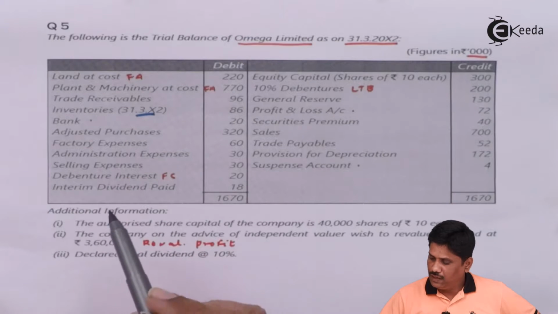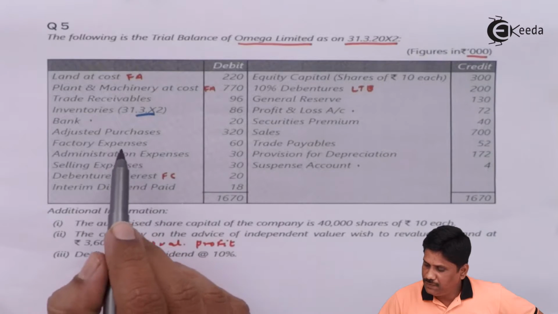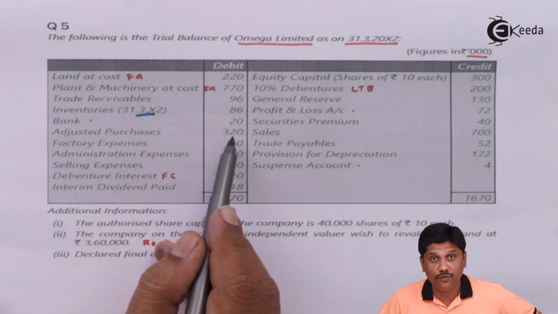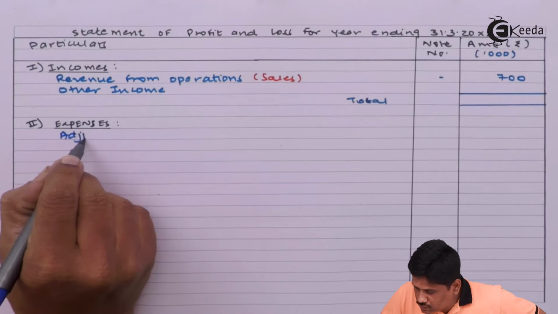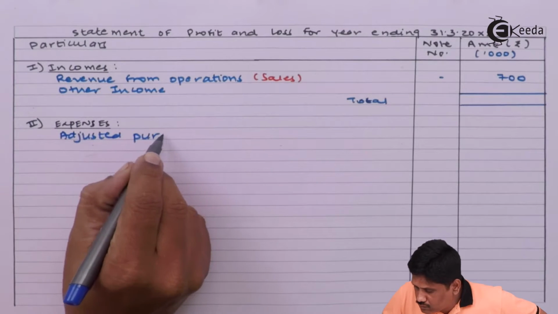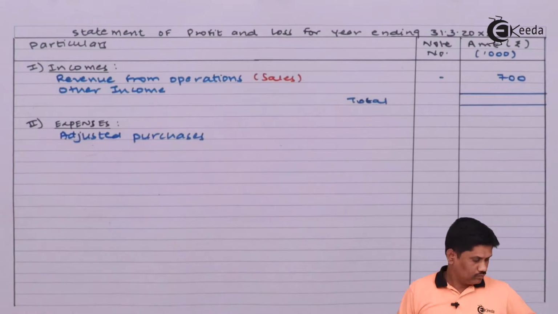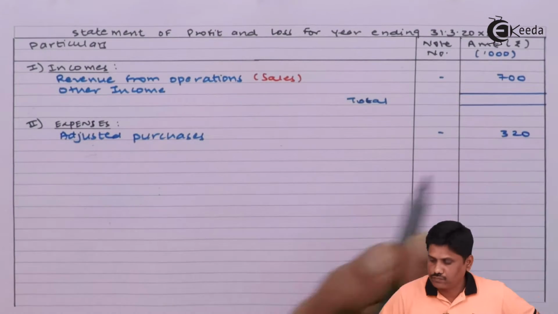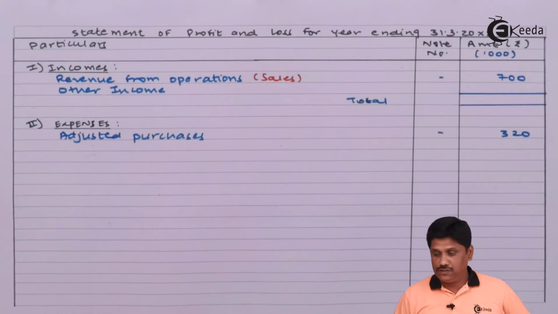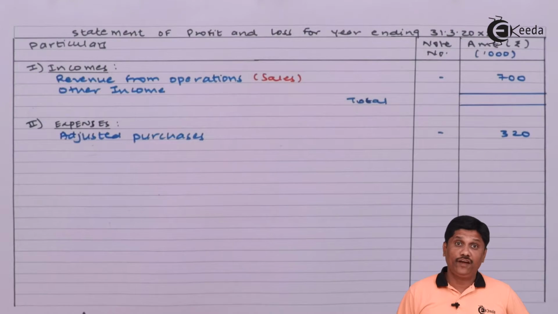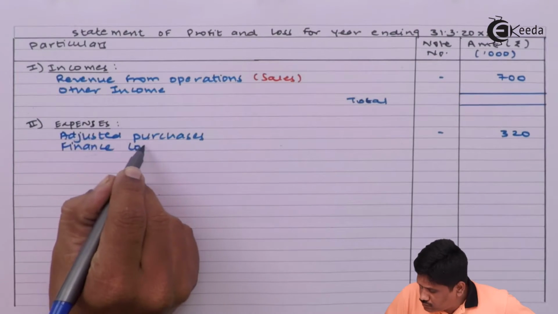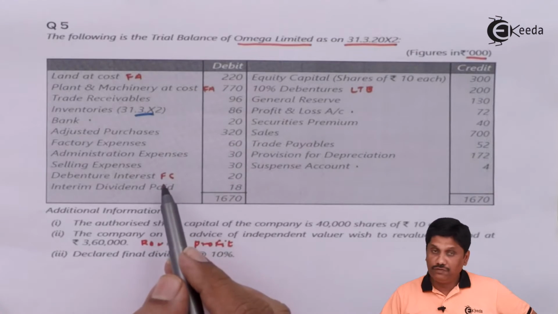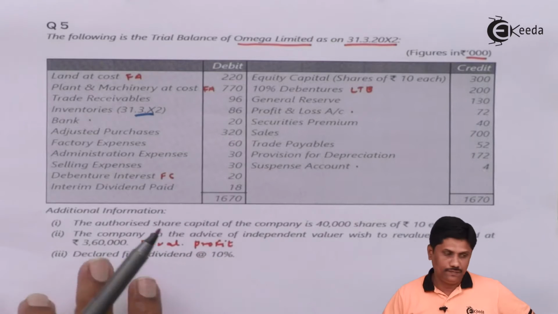Here in this example, we have adjusted purchases 320, so I am noting it down. After adjusted purchases, we have to write finance cost. In finance cost, we will write debenture interest 20.